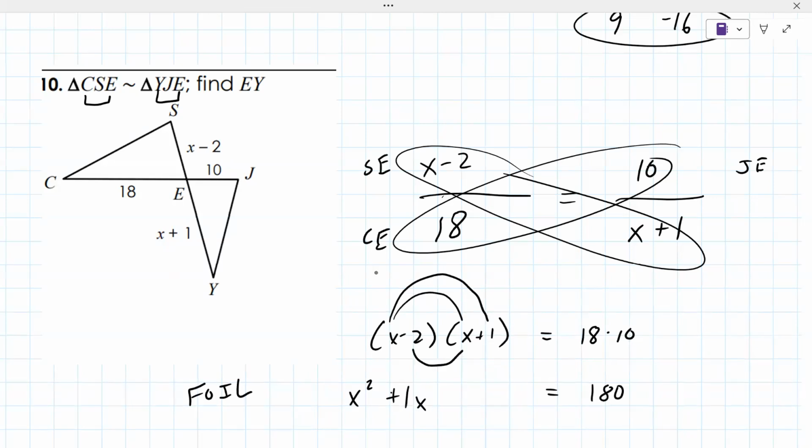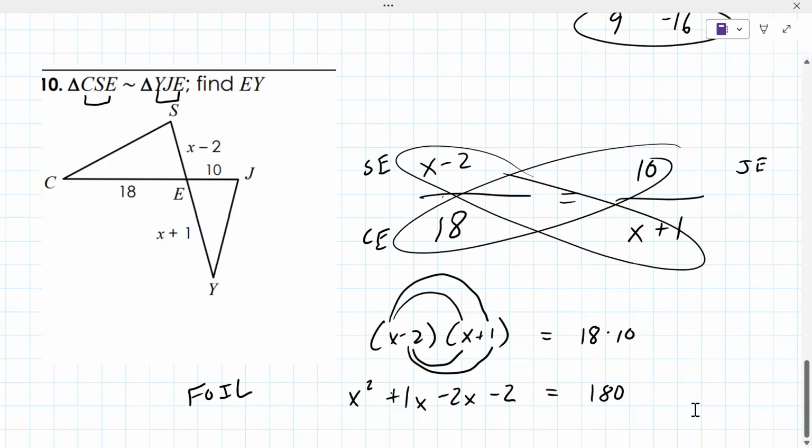All right, and then minus 2 times x. That's negative 2x. Okay, and then negative 2 times 1. It would be negative 2. Good.